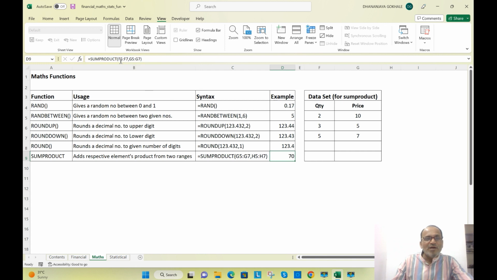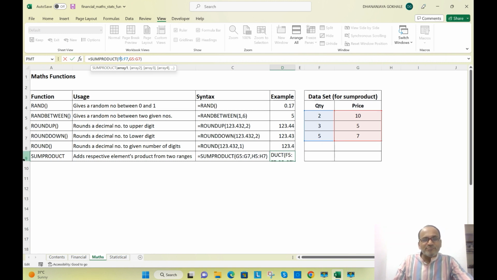If you take a look at the ranges over here, quantities are shown in this range 2, 3, 5, and price is shown in this range 10, 5, 7. So what is the meaning of sum product? It means get the product of respective values, that means 2 into 10 plus 3 into 5 plus 5 into 7, and get the grand total of all these products. That is what is known as sum product. Okay, all right.